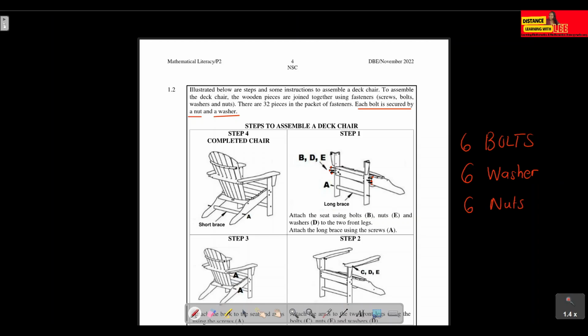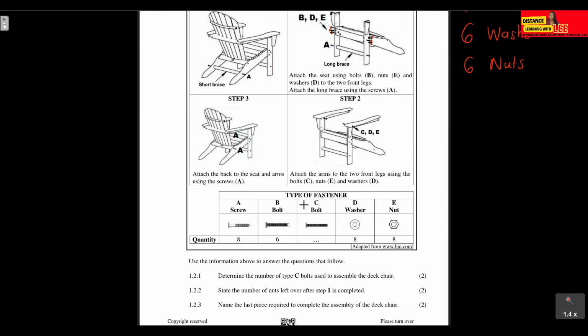Now going back to the question that was given to us, where they ask us to state the number of nuts left over after step 1 is completed. We just want to find how many nuts are left over after we've completed step 1. What is going to help us is that we already know in total we are given 8 nuts.